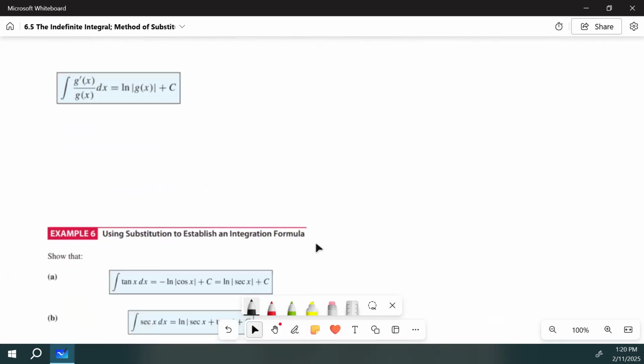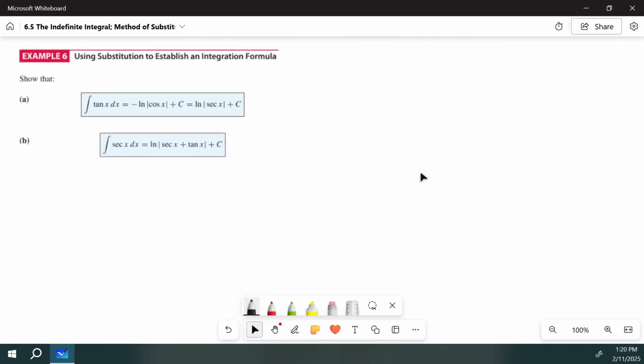Okay, so let's look at these two examples here, and we're going to talk about how to establish an integration formula. So here's where we're actually going to figure out the integral of tangent and the integral of secant. So if we look at tangent, integral of tangent x, tangent you can rewrite as sine x over cosine x.